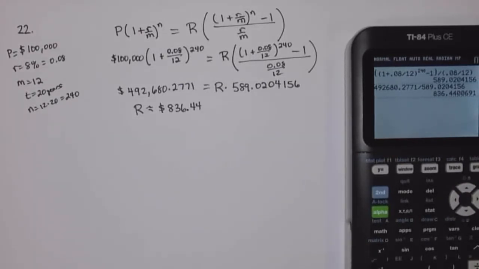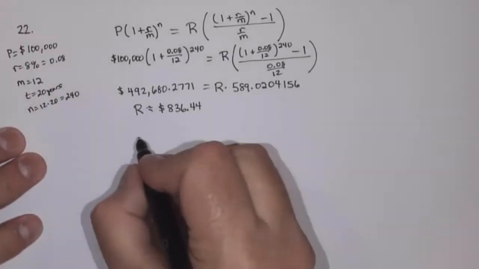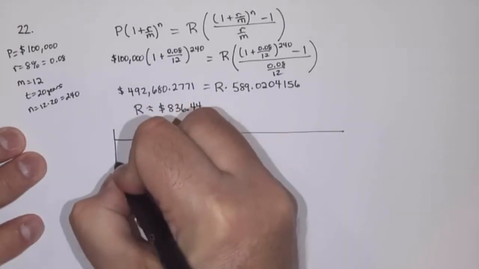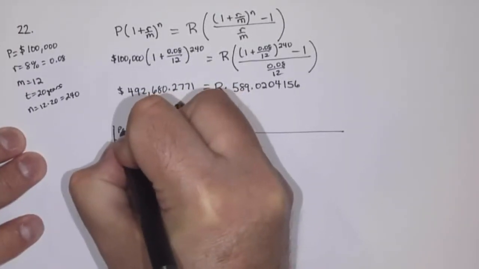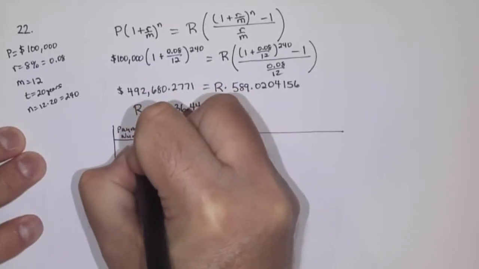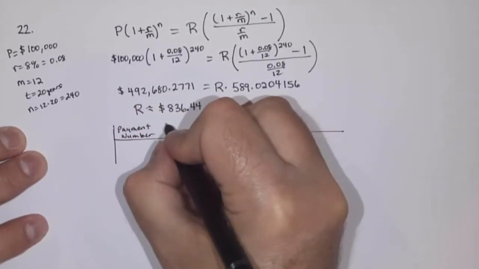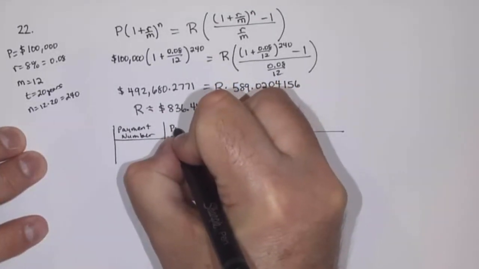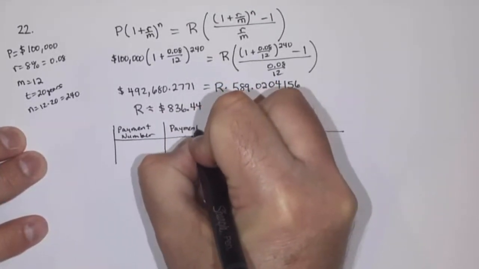And so now I want to find the first two lines of the amortization schedule. So for the amortization schedule, I'm going to start by looking at the payment number. And then we're going to find the payment amount.